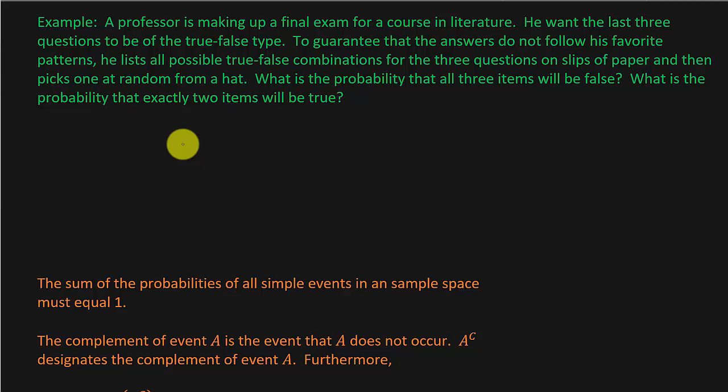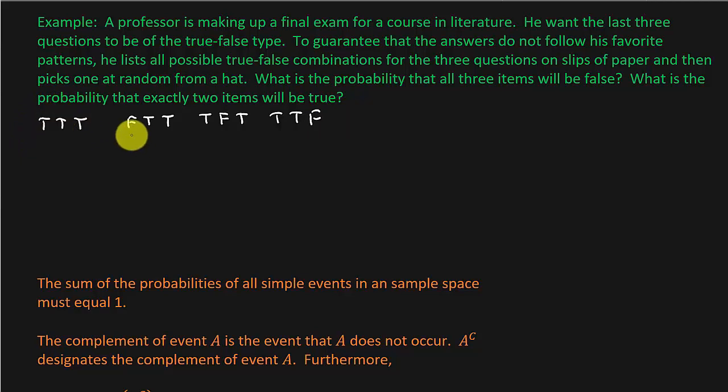But basically what we need to do, so we can get all 3 questions to be true, right? All right, so all 3 questions can be true. And then we can have false, true, true; true, false, true; and true, true, false. So you see what I did there? I said, okay, all of them can be true.